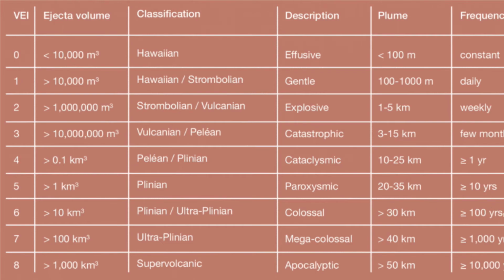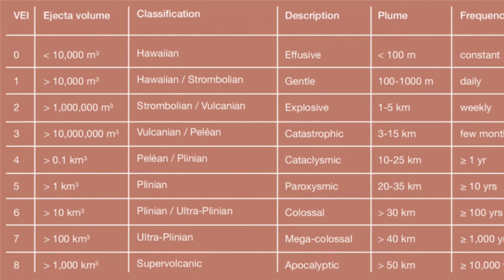Now, if they build up over 100 years or more, you're going to have a pretty big explosion. If pressure has been building for 10,000 years, it doesn't take a geographer to work out that that's going to be a much bigger explosion.